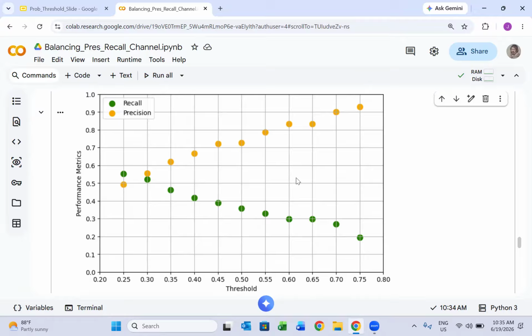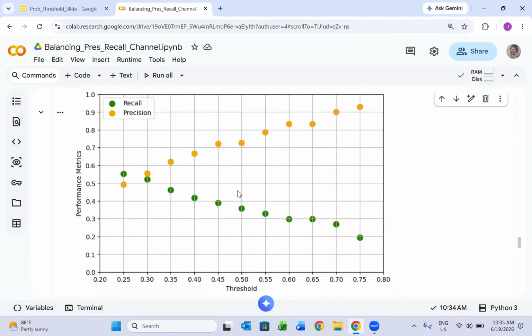Because actually we have a quandary now. Given these opposite patterns, what do we do? What is a good threshold to use? It's kind of hard to select. So one idea is, why don't we get the arithmetic mean between precision and recall, and use it to make that decision?